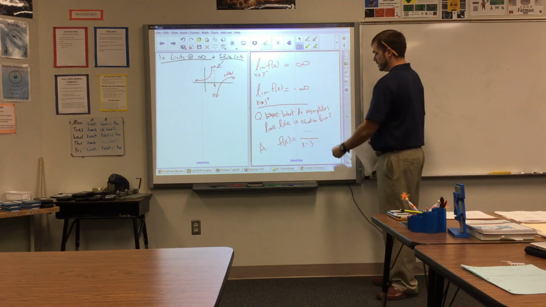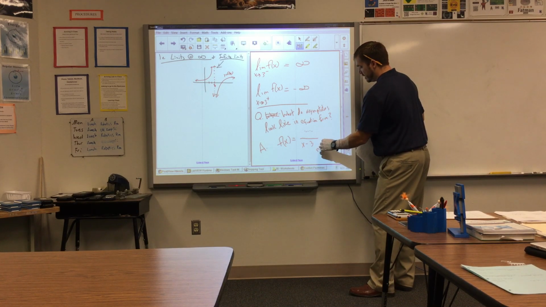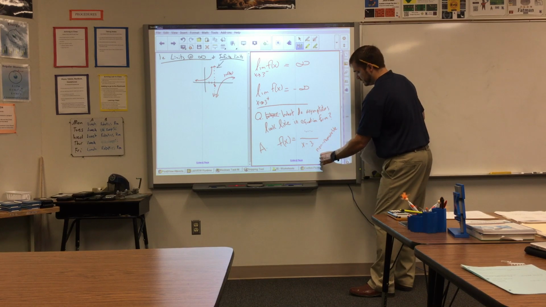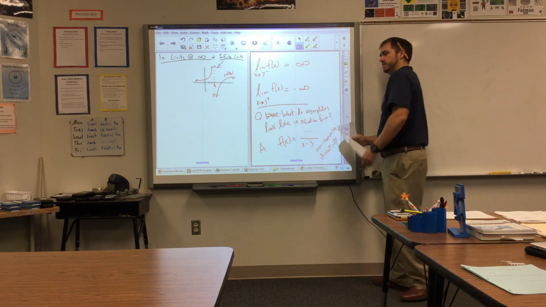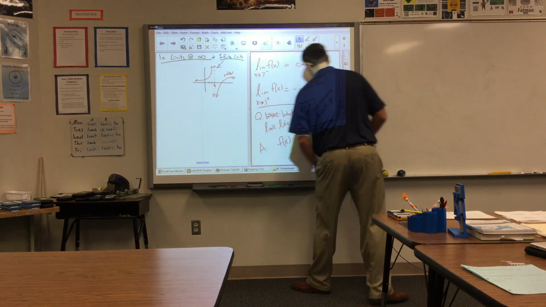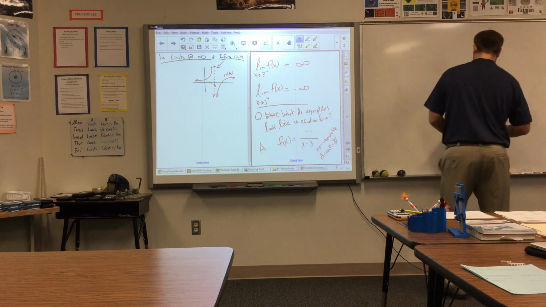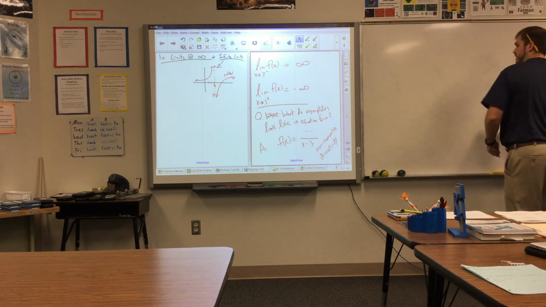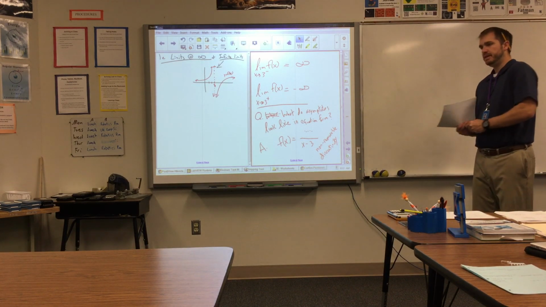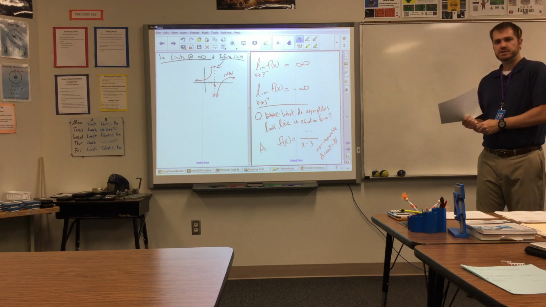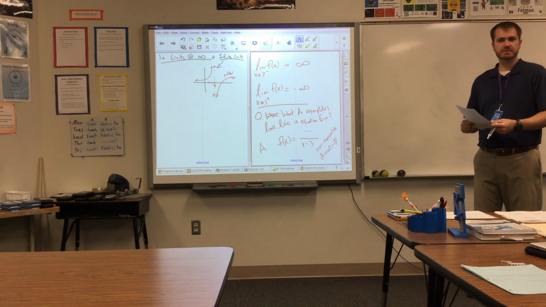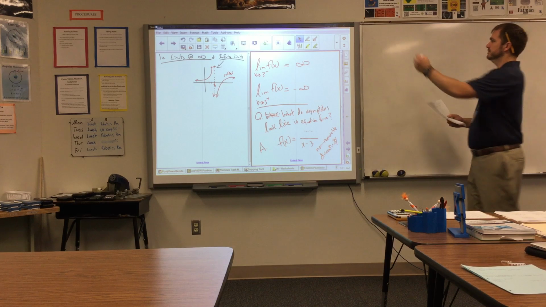Something that would lead to 0 in the denominator. This is called a non-removable discontinuity. Now that may make you wonder, is there such thing as a removable discontinuity? And the answer is yes.